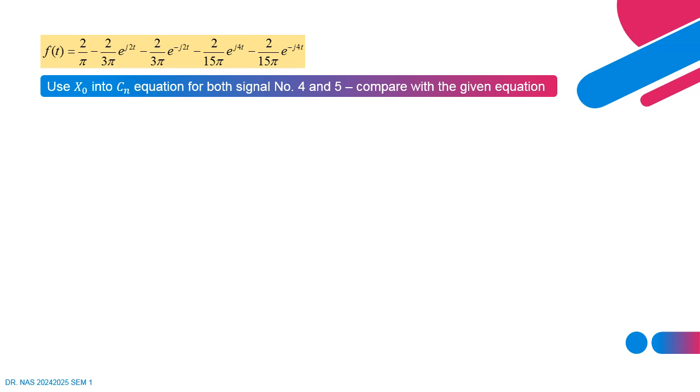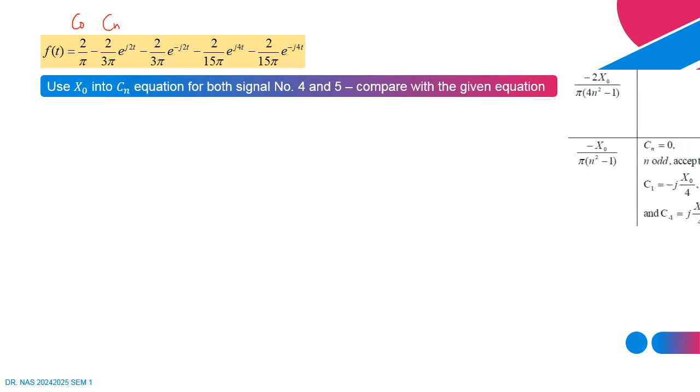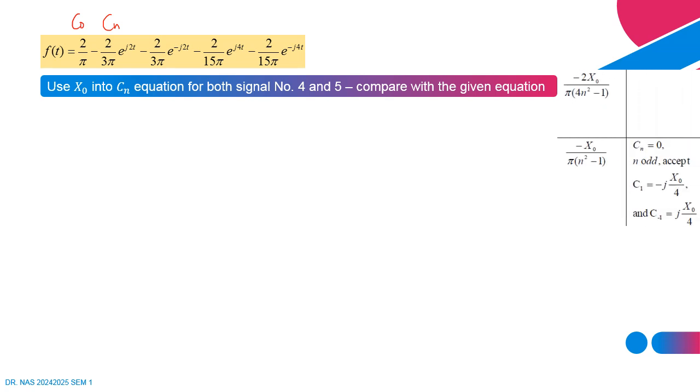Okay, in the previous slide, we considered the C0. Next step, you need to consider the Cn by using the x0 that has been calculated earlier. Again, refer to the table for the Cn equation for both signal number 4 and signal number 5.